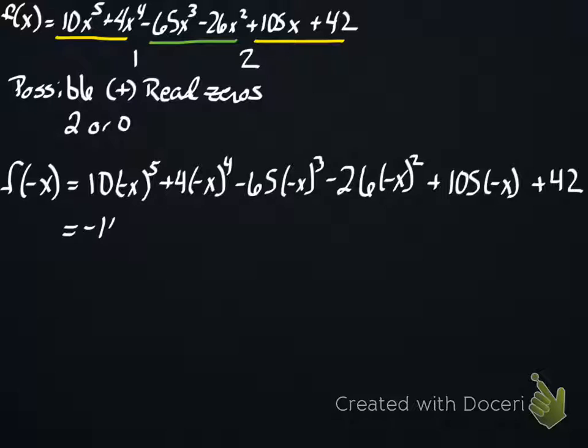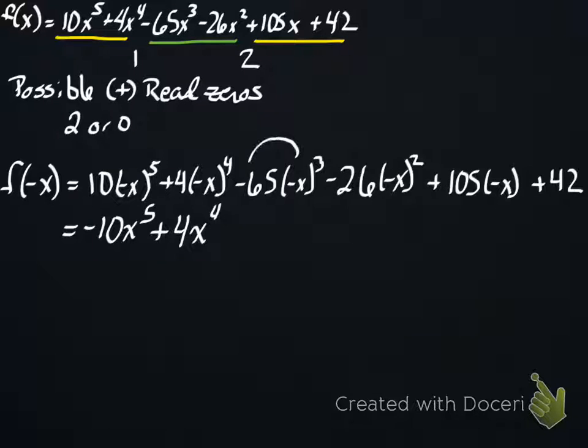Negative. So negative 10x to the fifth. If I'm negative and I'm raising it to the fourth power, positive or negative? Positive. So positive 4x to the fourth. A negative and I'm raising it to the third power, negative or positive? Negative. Negative times negative times negative is negative.